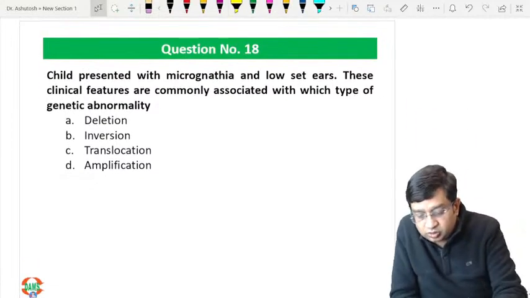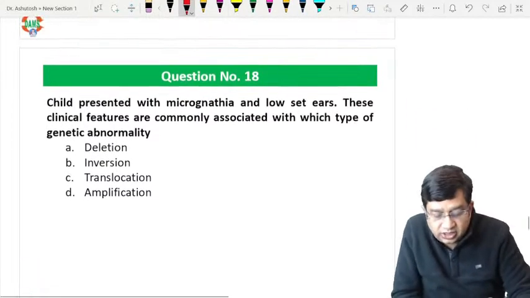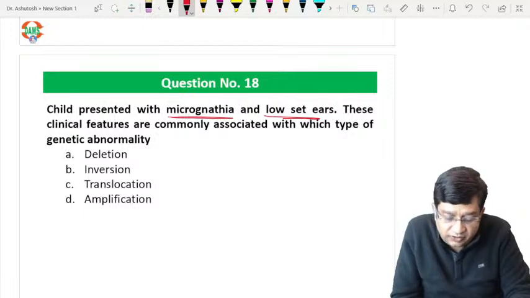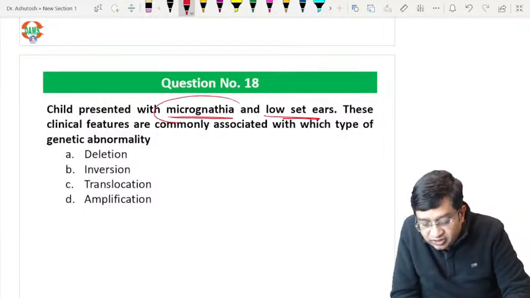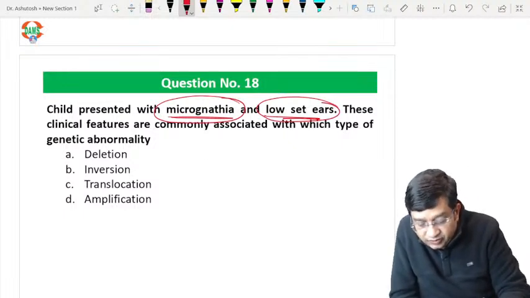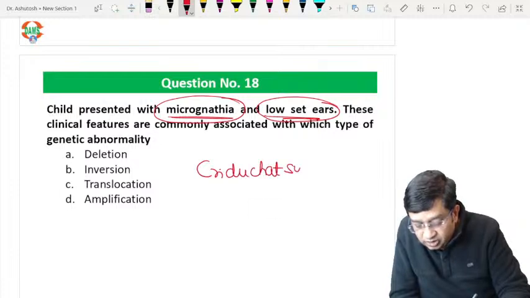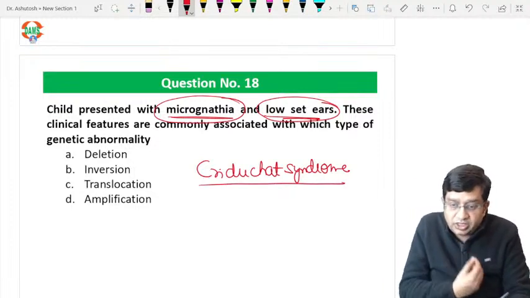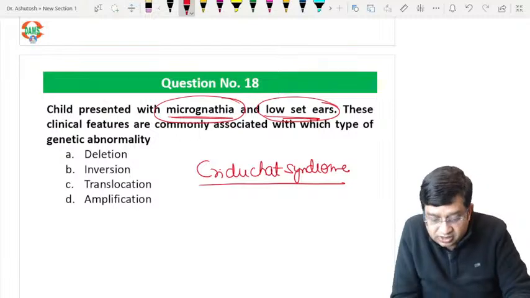Now this was a question which the students were discussing: a child presented with micrognathia and low set ears. See, if a small chin and low set ears are given, these are features of Cri-du-chat syndrome. In Cri-du-chat syndrome there is a small chin and there are low set ears, right?